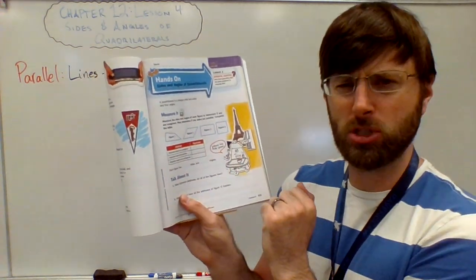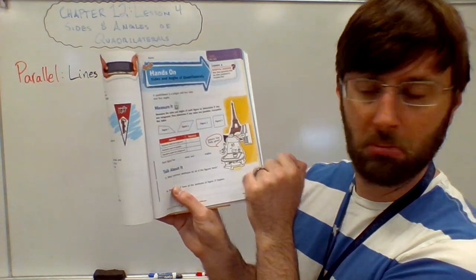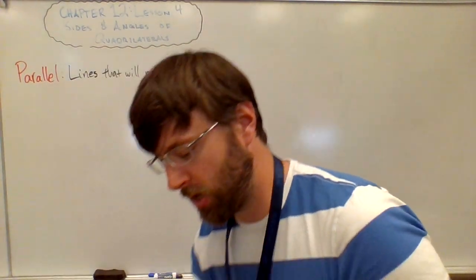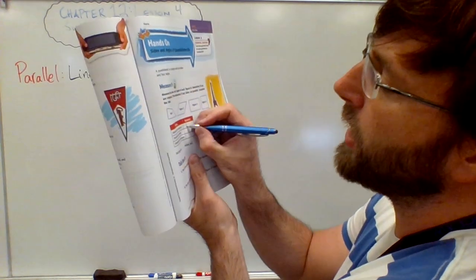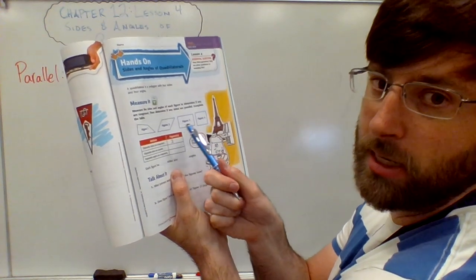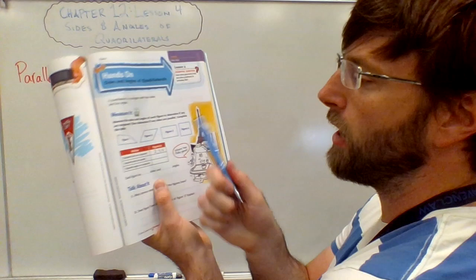What about figure 2? That does look like it's the same length as that one. And this looks like it's the same length as its opposite side as well. So we would write here that figure 2 meets that criteria: opposite sides congruent. And so does figure 3. Those opposite sides are congruent. And so does figure 4. So 2, 3, and 4 all have opposite sides congruent. Cool.